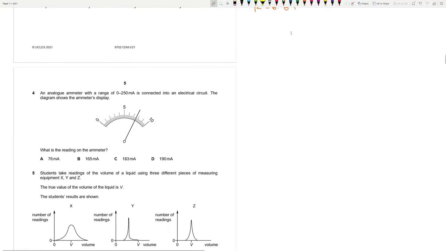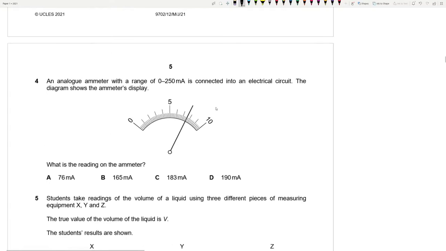Moving on to 4, this is an analog ammeter with a range of 0 to 250 milliamperes. It is connected into an electrical circuit. The diagram shows the ammeter's display. What is the reading of the ammeter? So this is 6, this is 7, this is 8. Now hear me out. It has 5 divisions in between.